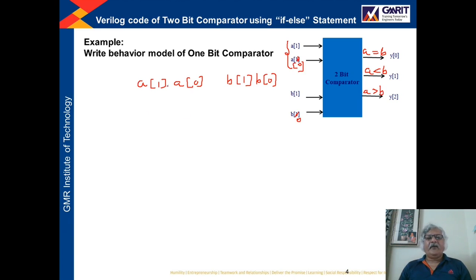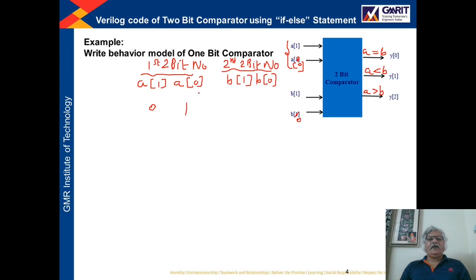So for example, if this is our first two-bit number and this is our second two-bit number. Suppose the first two-bit number is, let us assume, 0, 1.